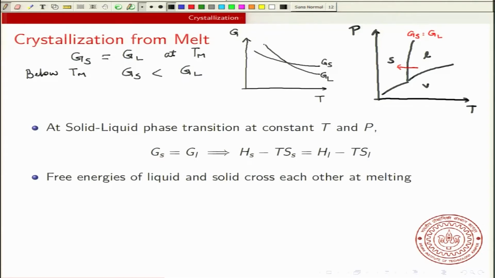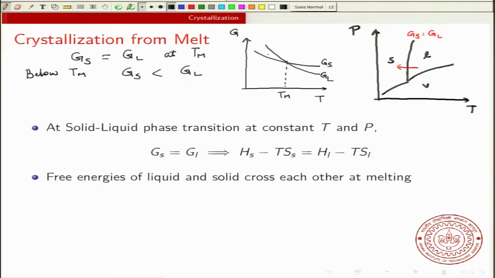The liquid would typically be higher than the solid at low temperature and it would go below the solid at higher temperatures. Where they cross, this is the melting temperature. That is when the Gibbs free energy of the solid and the liquid are the same, and I am doing this whole thing at some fixed pressure.